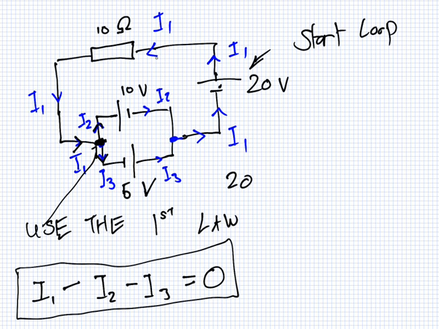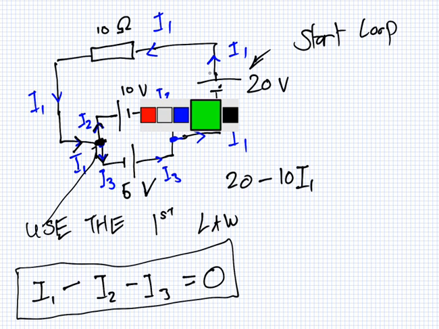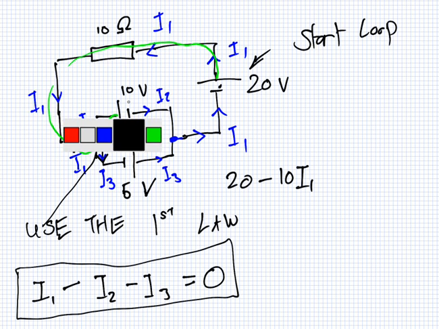Now this one is very nice because this one can give me I3. Here I can get I3 equals 5 over 7 amps. And then here, I can say I2 equals 5 over 3 amps. And then I can use this formula here to get I1.